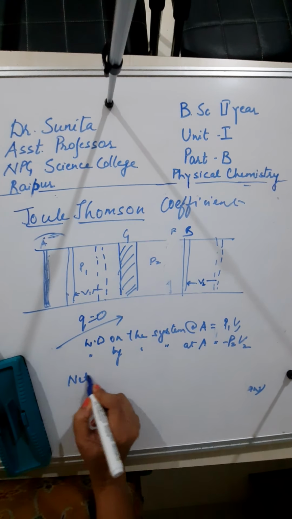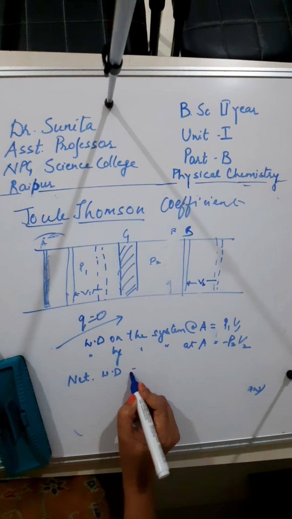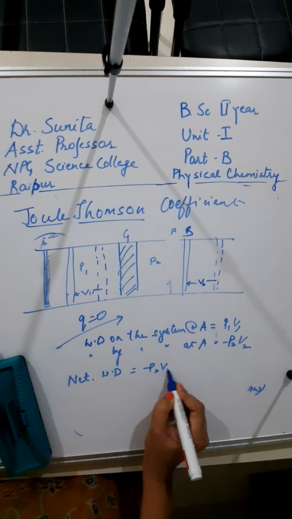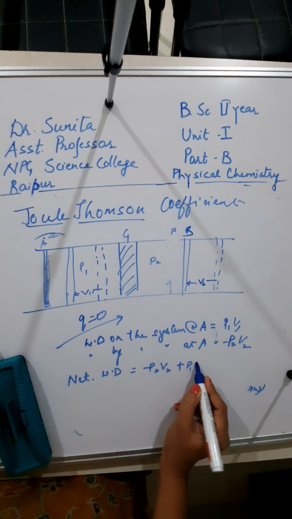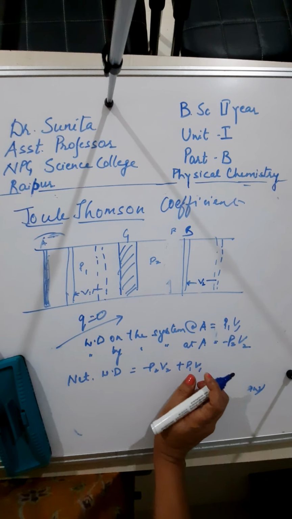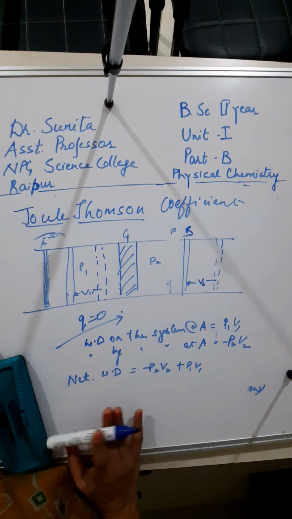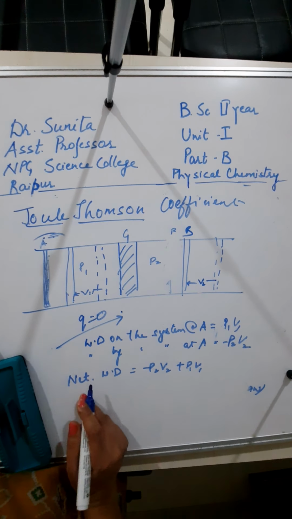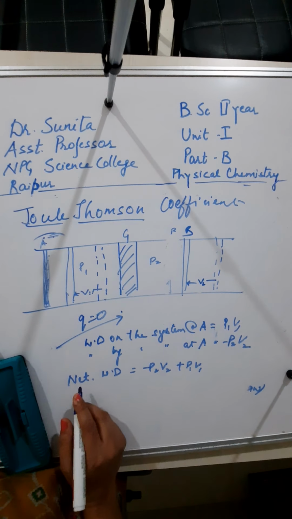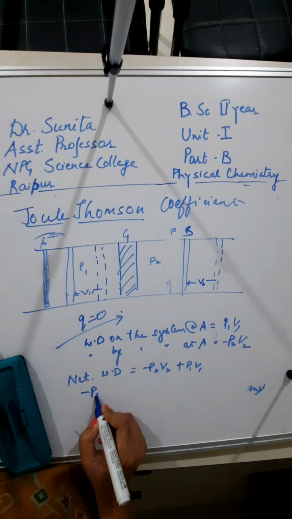So the net work done is minus P2 V2 plus P1 V1. The system is under adiabatic condition, so heat will not be absorbed or leave the system. So the work is performed at the expense of internal energy, and we have this expression.